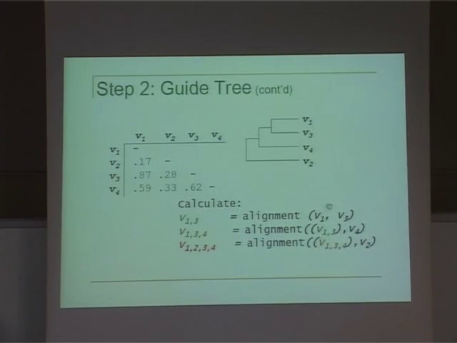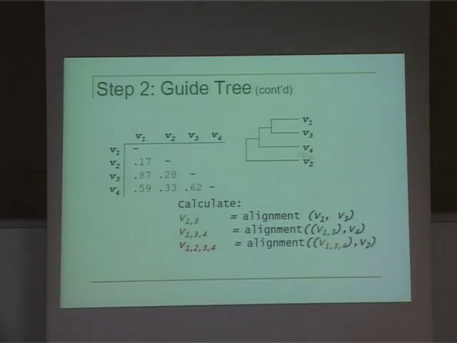We are not again comparing the result of V1, V3 to everybody. We don't do that in the guide tree, because the guide tree immediately tells us that after you align V1, V3, just align this result with V4. What we are going to do in the next step is known from the beginning.